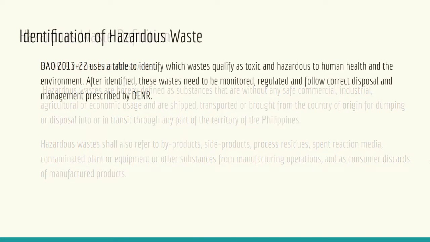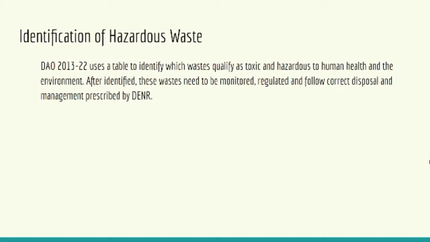With this definition as basis, the Administrative Order DAO 2013-22 made a table to identify which wastes qualify as toxic and hazardous to human health and the environment. After identified, these wastes need to be monitored, regulated, and follow correct disposal and management prescribed by DENR.